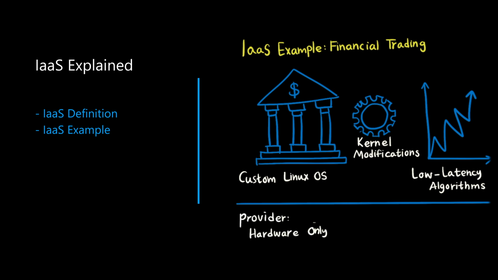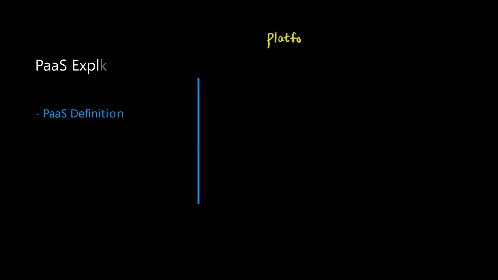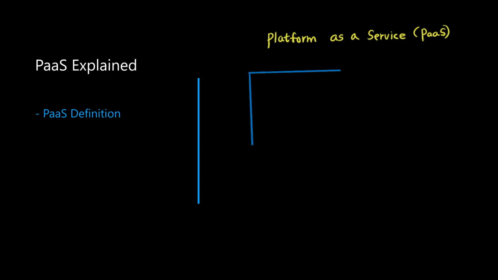The cloud provider handles the physical infrastructure, power, cooling, and network connectivity, while the company maintains full control over everything else.